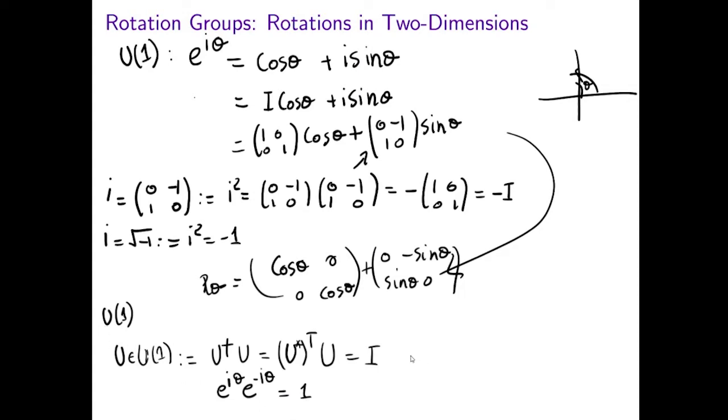So this condition is called unitarity, and we will visit this when we're discussing quantum mechanics. But essentially, this group is the unitary group of rotations in dimension 1, right? So we've sort of shown that there is a correspondence between U1 and SO2.